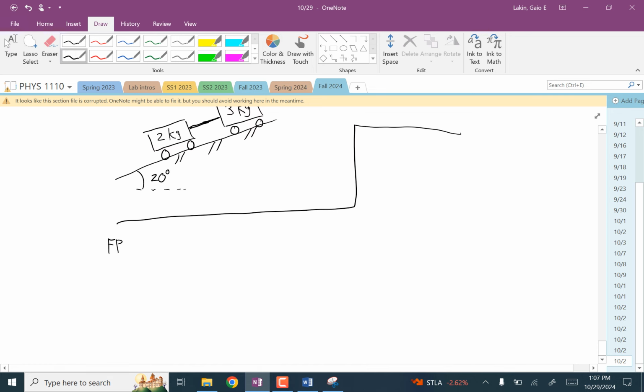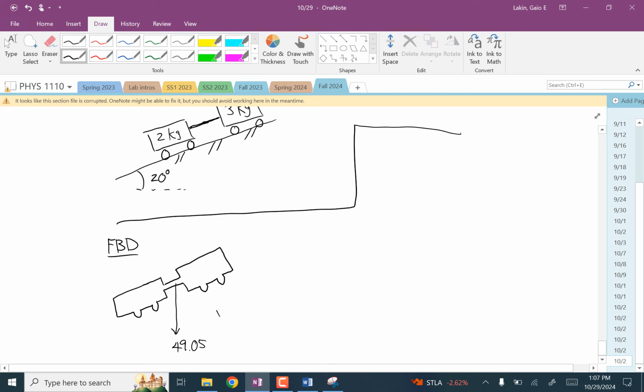A free body diagram looks like this. We have the weight force acting down. This whole system has a mass of 5 kilograms, so the weight is 49.05.